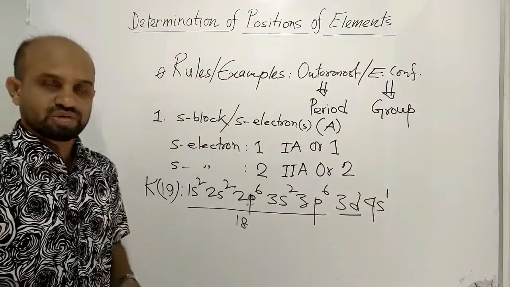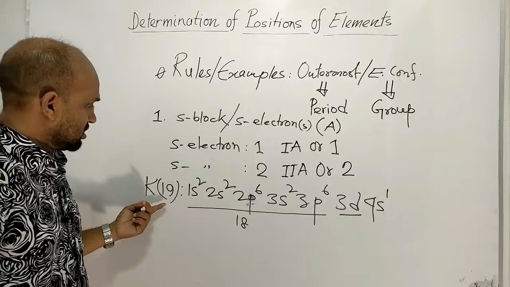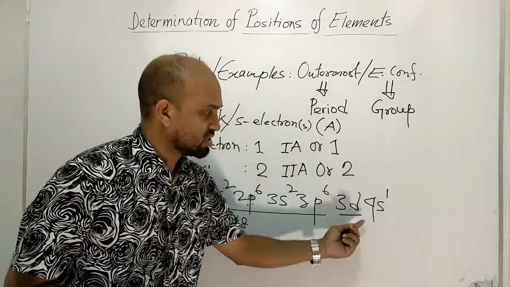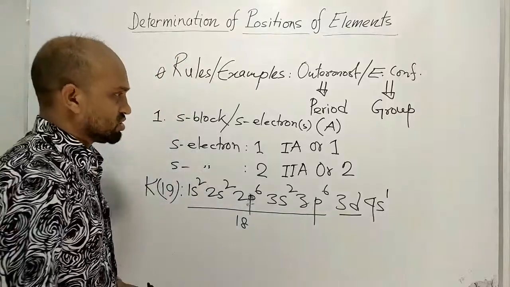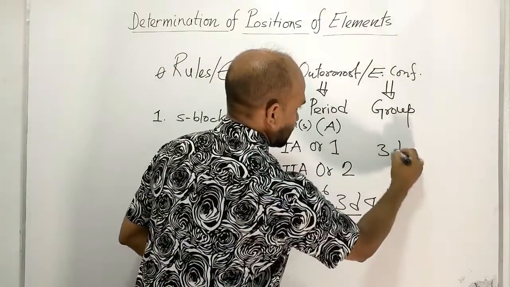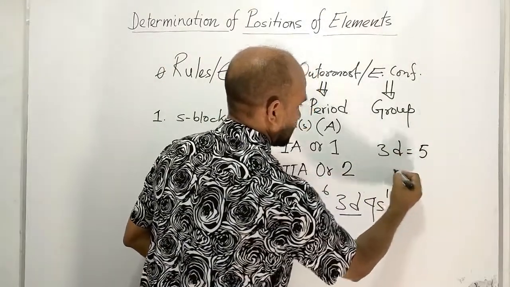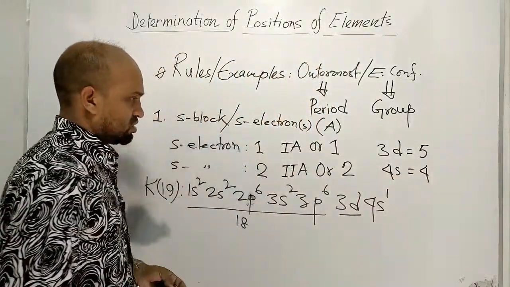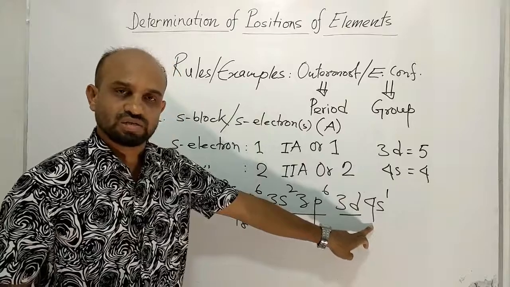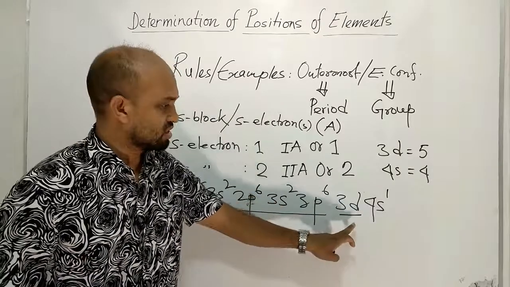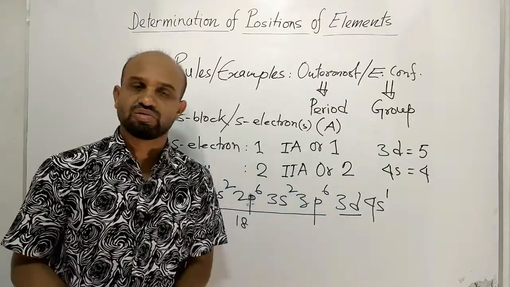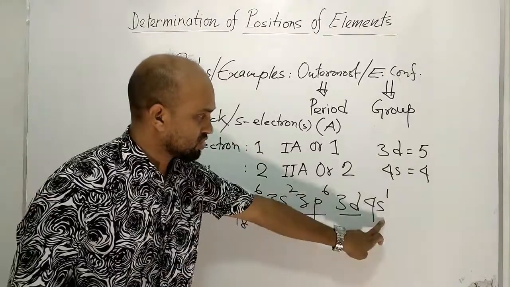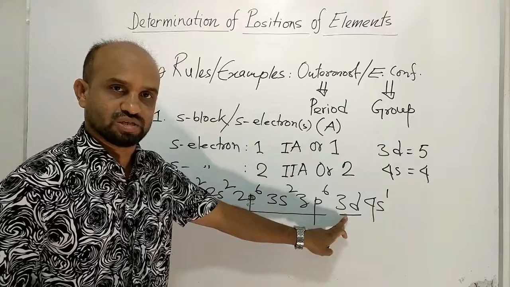Now the question may arise: why does the last electron of potassium enter the s orbital instead of 3d? Because the energy of 3d is 5 and 4s is 4. So the 4s orbital is lower in energy than 3d. That is why, according to the Aufbau principle, the last electron enters the 4s orbital instead of 3d.